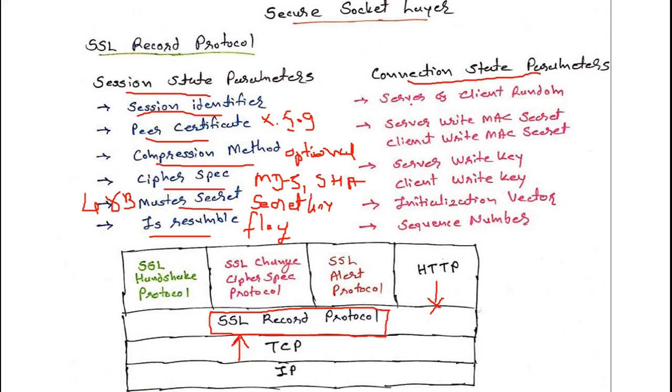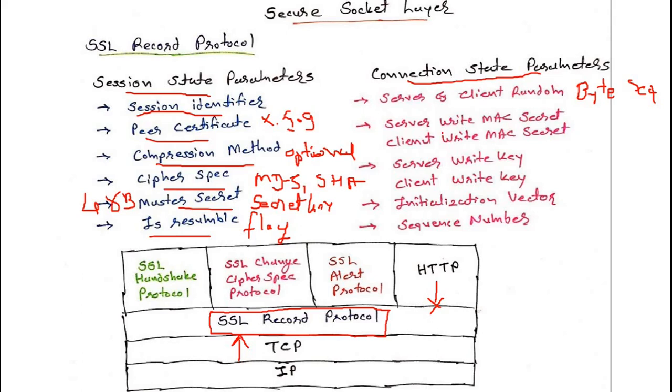Next are the connection state parameters. If you look here, there is a server and client random. It is a byte sequence chosen by the server and client for the connection establishment. To establish the connection, a number of byte sequences are chosen by the server and client. Another thing is the server write MAC secret and client write MAC secret.